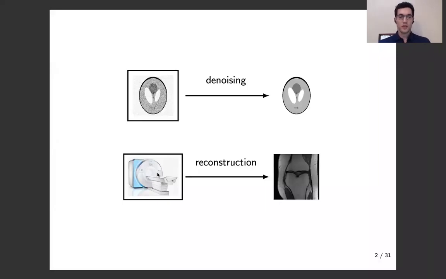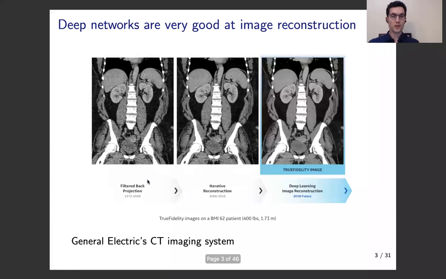They have been studied for decades, and there are many methods out there. But what has happened in the past few years is that more and more deep networks have been used for these problems, and deep networks perform extremely well on them. Here are some examples. What I'm showing here is an image that I took from General Electric, the General Electric CT imaging system.